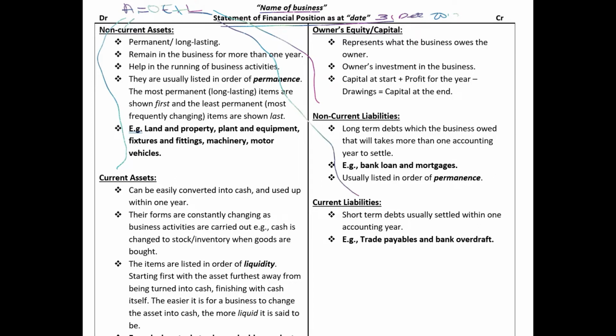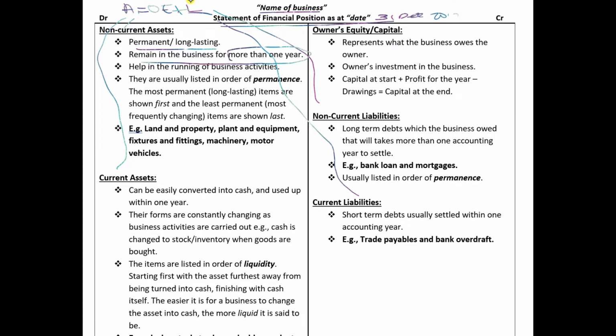Okay, so we have already covered this at the very start of this subject, but we will just have a quick look. Non-current assets are the assets that are permanent or long lasting. These assets will remain in the business for more than 1 year.